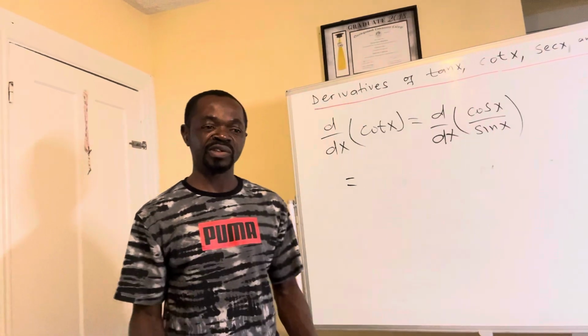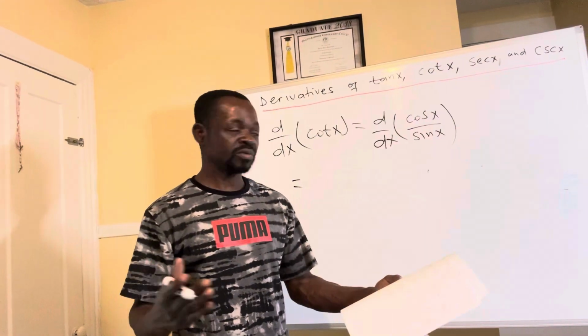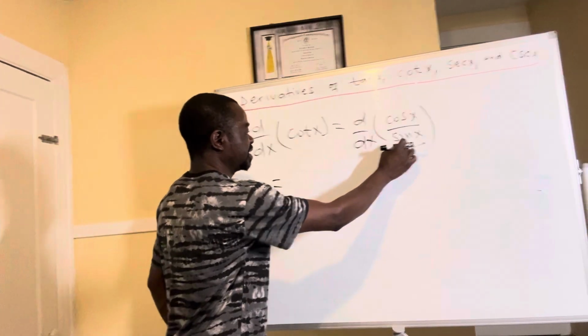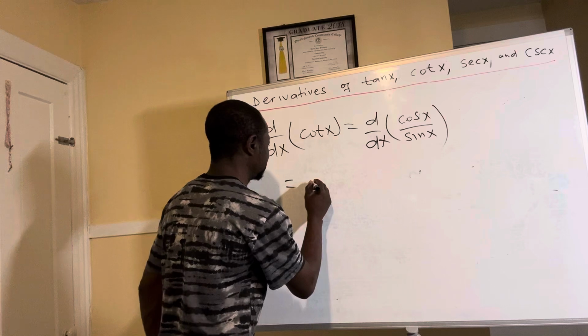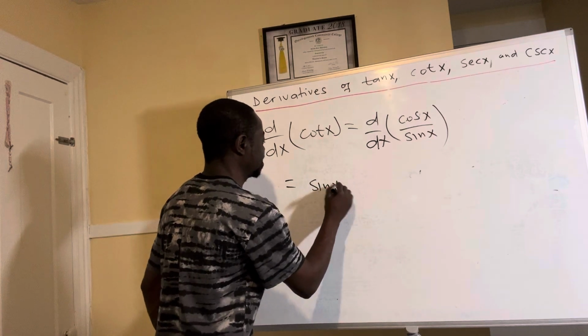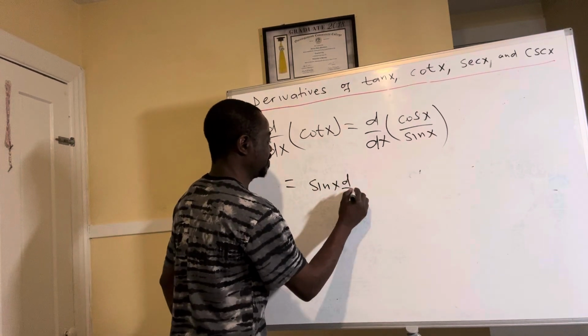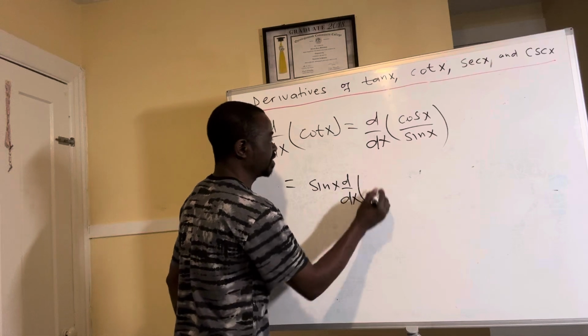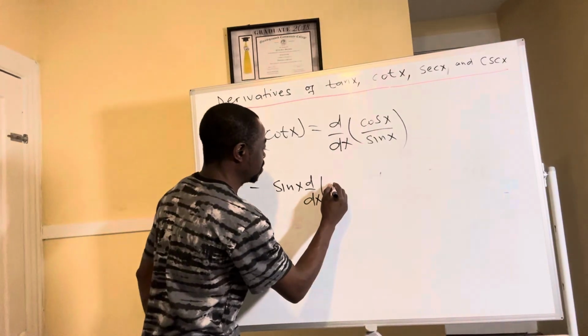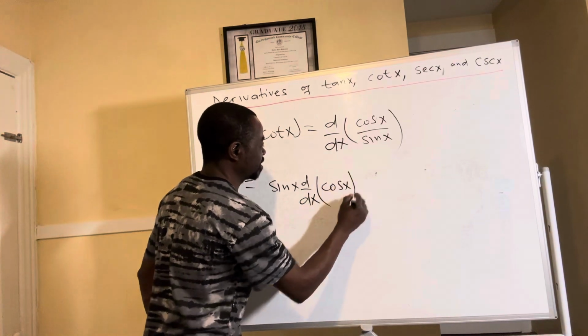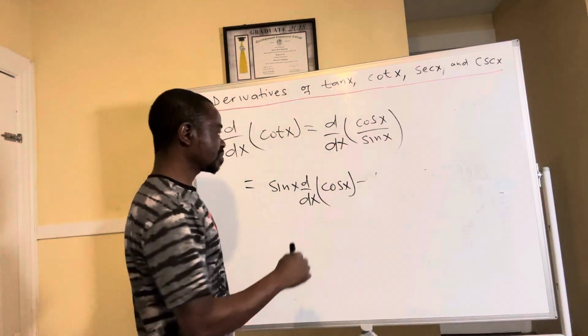We simply use the same quotient rule: we hold the guy at the bottom, sine of x, as constant, then we take the derivative of the guy at the top, which is cos of x, minus.